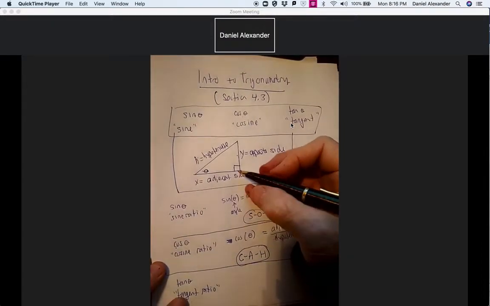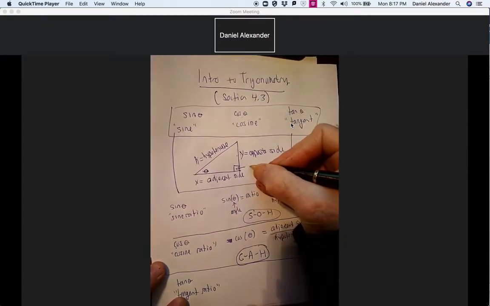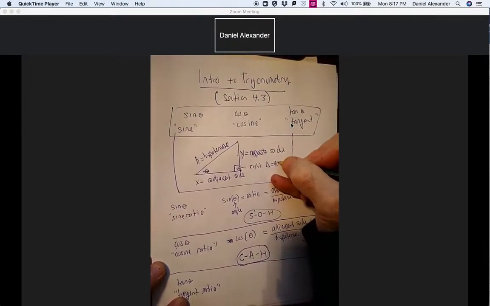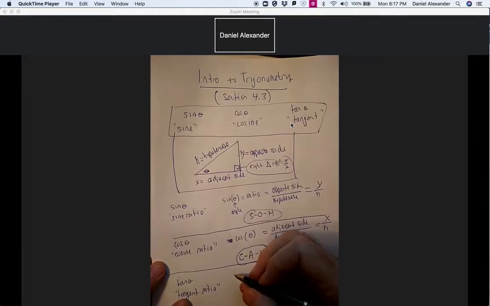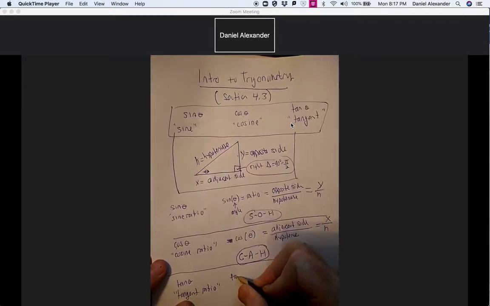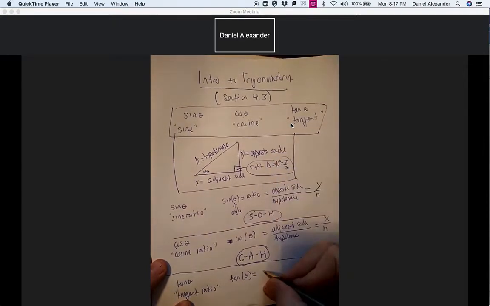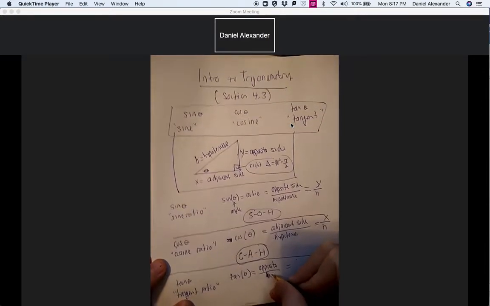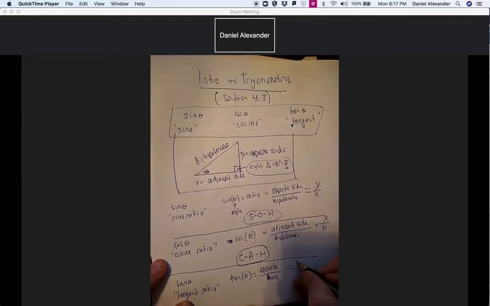And finally, the tangent ratio. I just want to reiterate, this has to be a right triangle. Otherwise, this won't work. So we have a 90-degree angle, or pi over 2 radians. The tangent is, again, you plug in an angle and you get back a ratio, and this ratio is the opposite side over the adjacent side, so that's y over x.